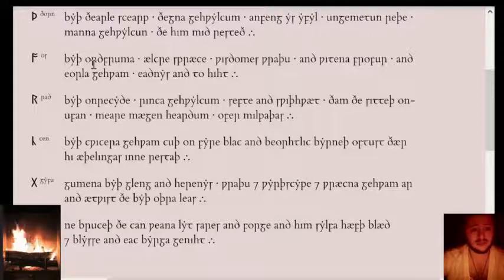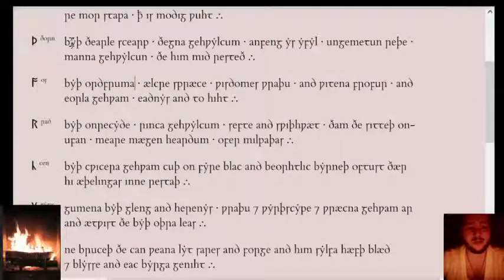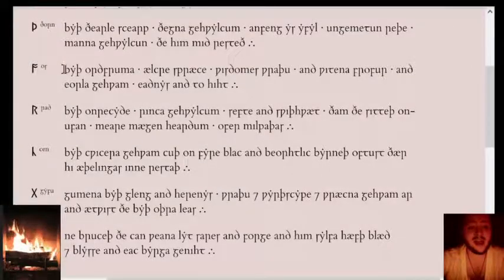Woden, or Odin, was associated with speech. He's credited with giving humanity the runes themselves, of which we are reading the poem. So this could actually be a reference to the god Woden.